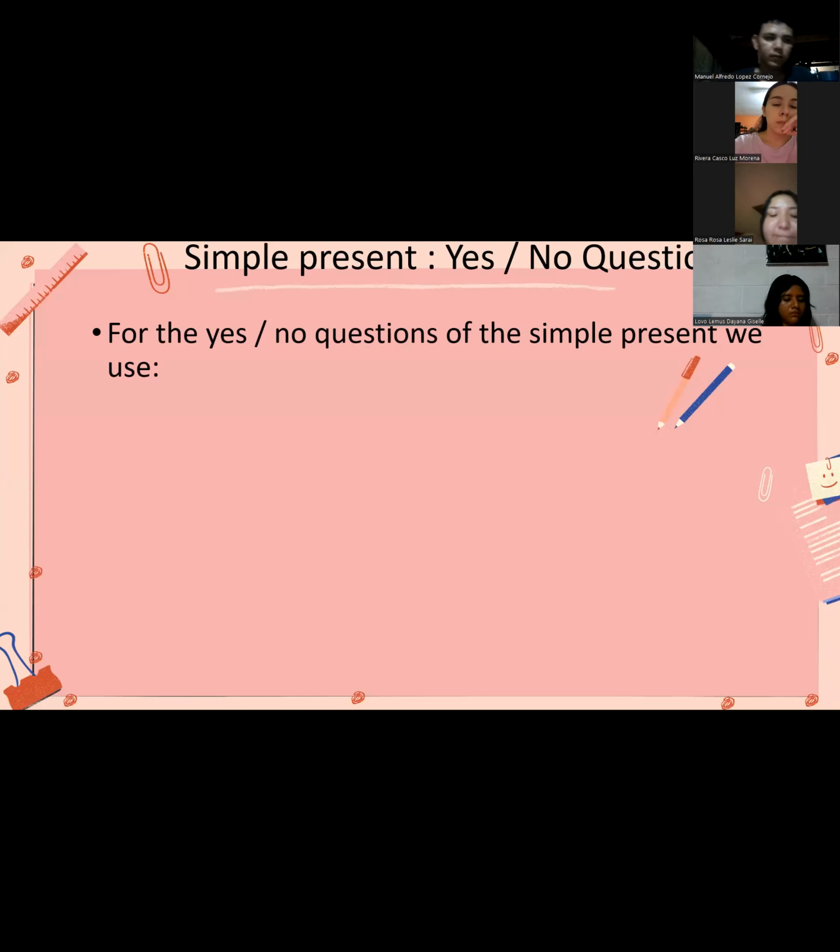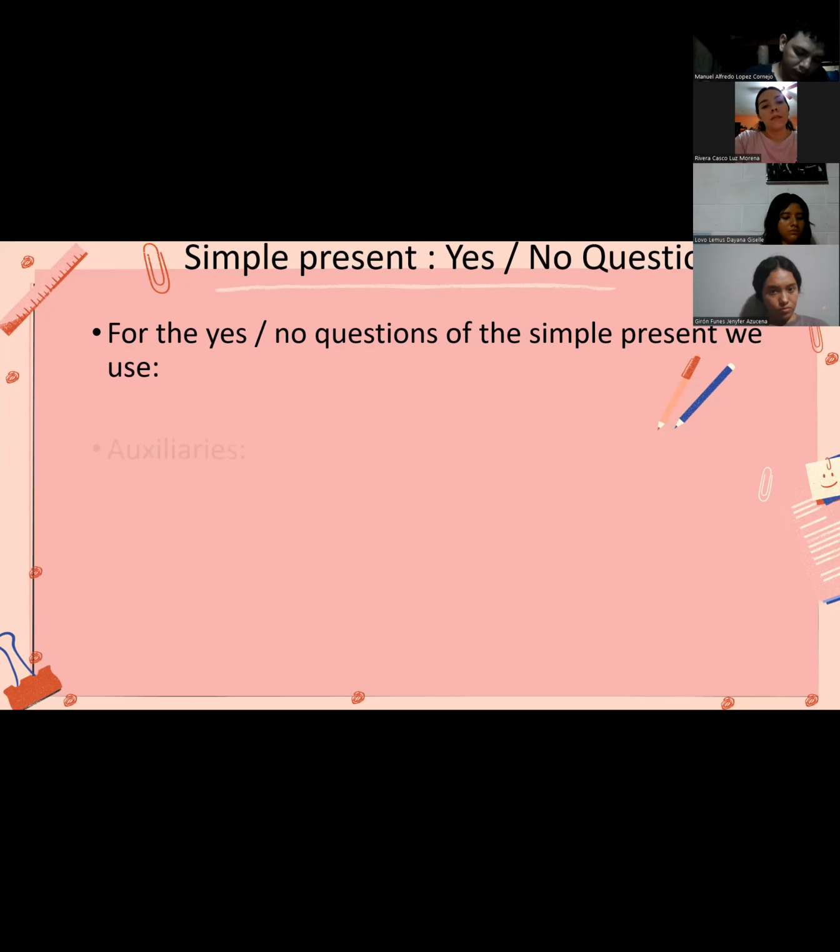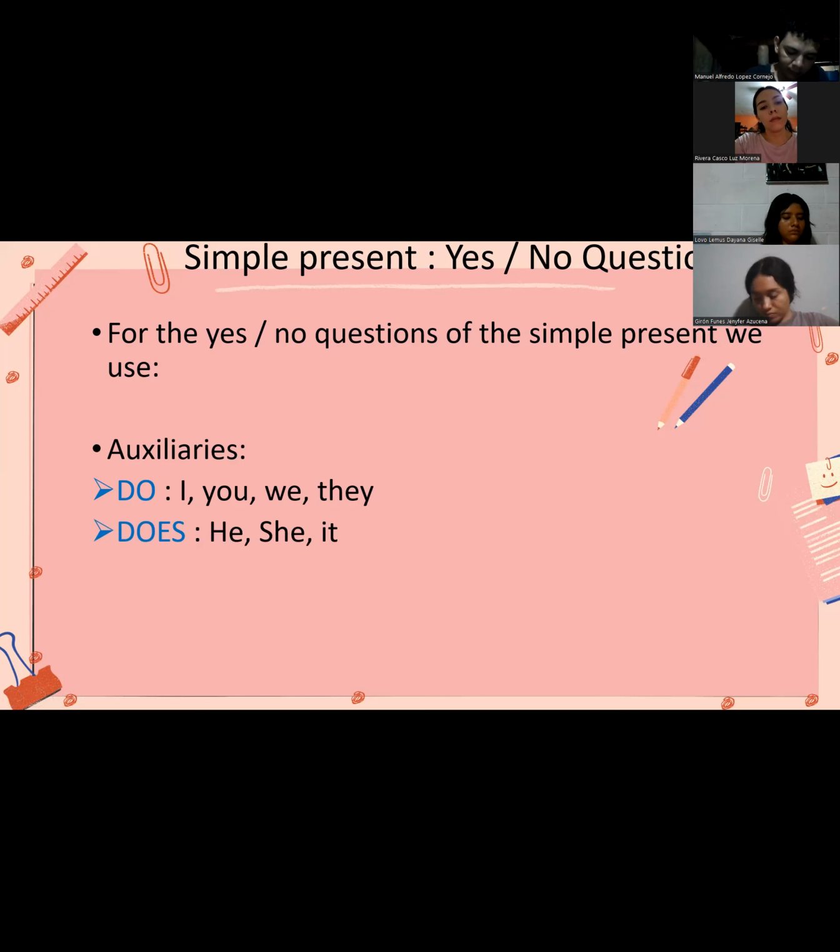For the yes or no questions of the simple present, we use the auxiliaries do, which we use for I, you, we, and they, and we also use the auxiliary does for he, she, and it, okay?